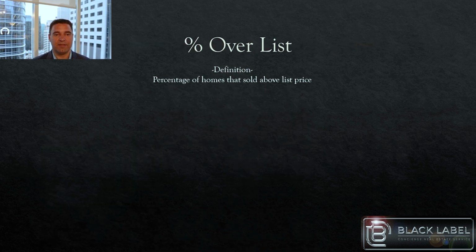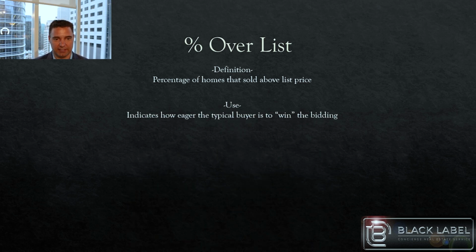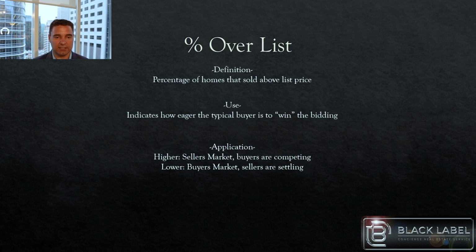Percent over list. This is actually the percentage of homes that sold above list price. And it really indicates how eager buyers are to get that property. So for instance, in a seller's market, buyers are always competing, and so you'll find a higher number of homes that actually sold above list price.